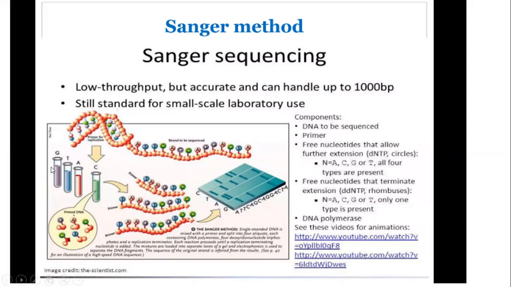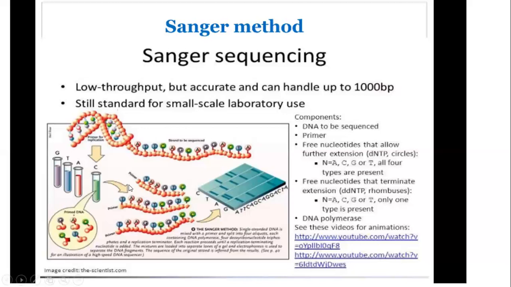For example, in the guanine flask we need to add ddGTP, in the thymine flask ddTTP, in adenine ddATP, and in the cytosine flask ddCTP.